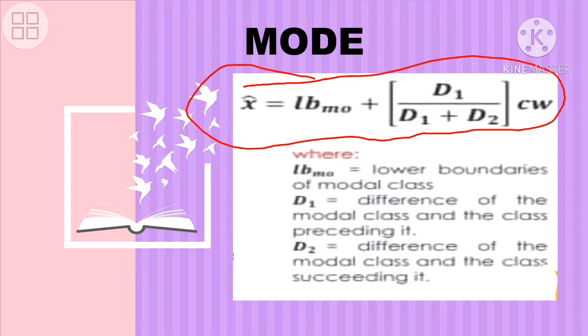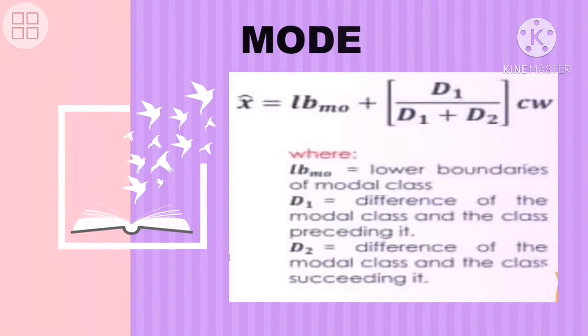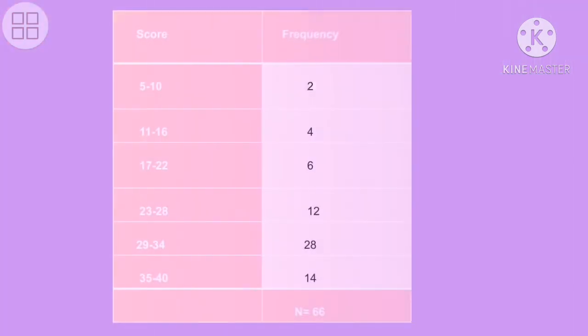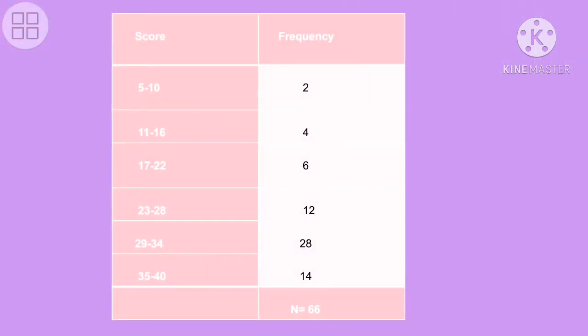If you want to join me on computing this, you need to get a scientific calculator, ball pen, and a paper. Before we proceed on computing the mean, median, and the mode, first we need to solve for this frequency distribution table.